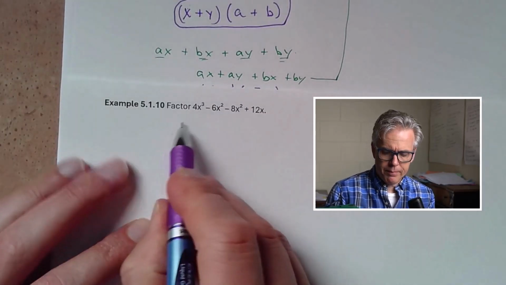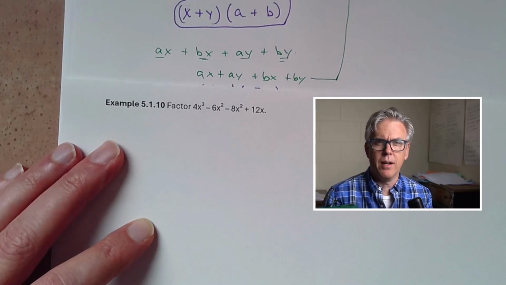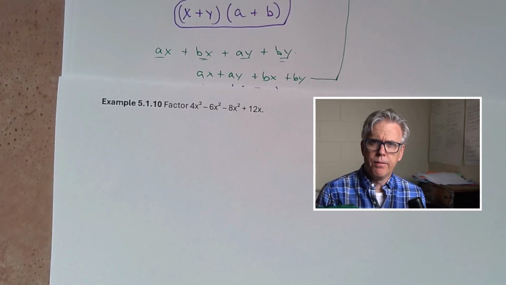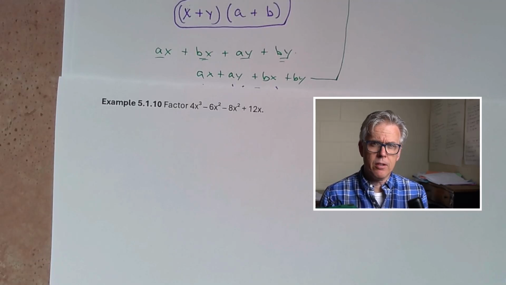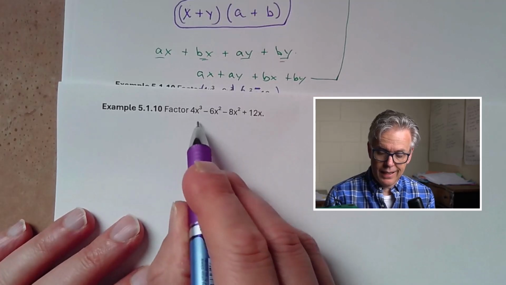Okay, let's look at this one. Factor 4x cubed minus 6x squared minus 8x squared plus 12x. One thing we should always do before we begin to factor through grouping or other techniques that we'll learn in this unit is to first pull out a common factor if there is one. So do we have any common factors here? I sure do.